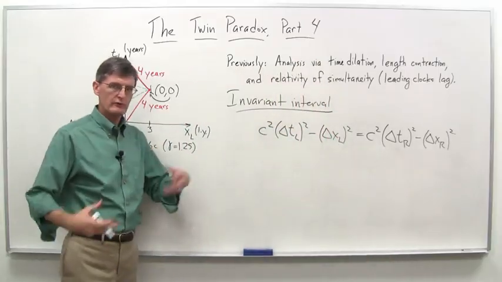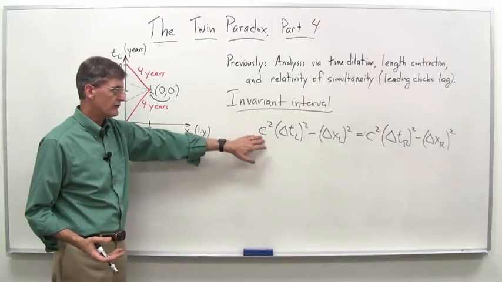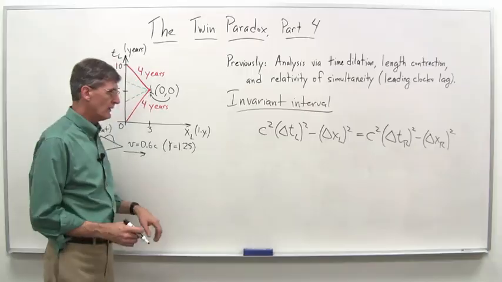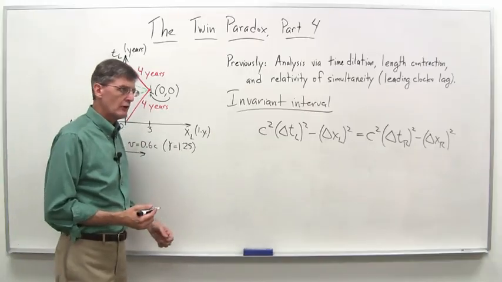And what's nice, if we're using light years per year, then c just becomes 1. So we don't have to worry about the c's, and we're just looking at the difference in the time coordinates.